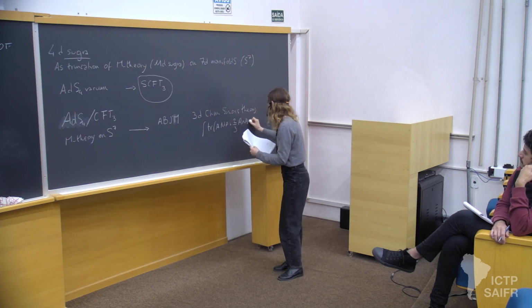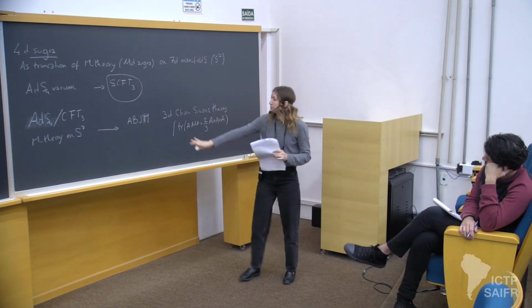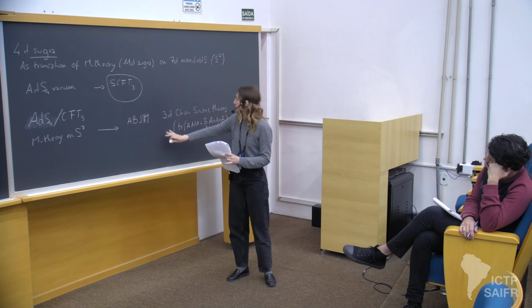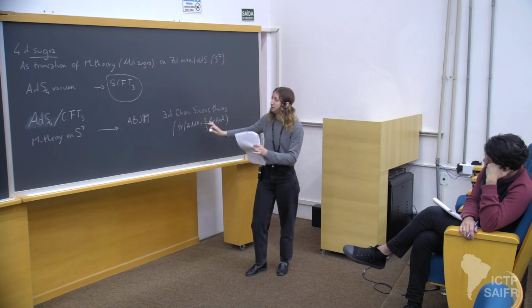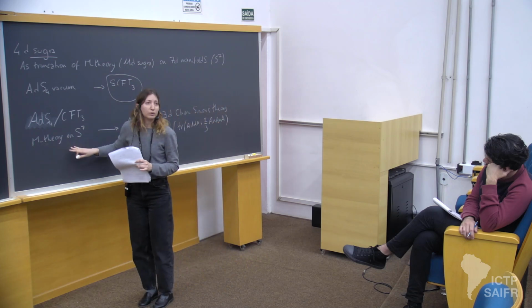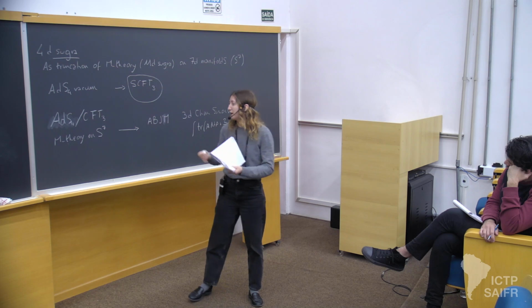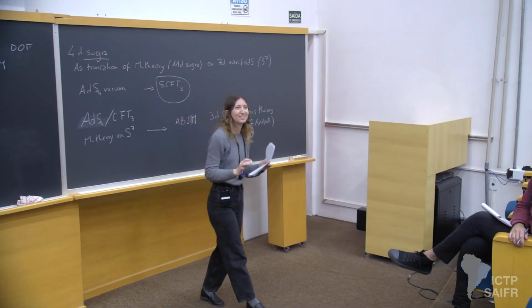This theory is a very complicated theory with supersymmetry, with 2 copies of this coupling and U(N) gauge group. But it has an exact duality that relates it to M theory on S7, alternatively to type IIA on CP3. But okay, let's not get into that detail.